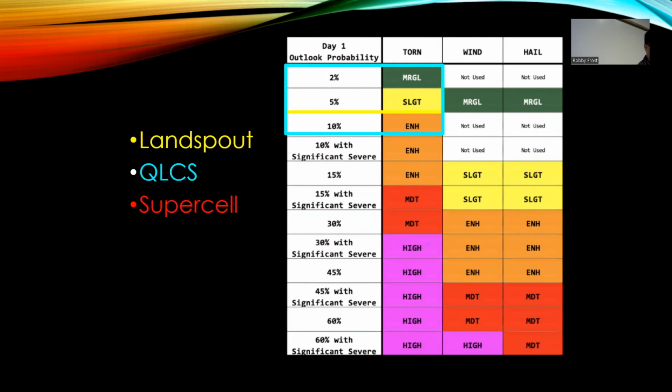The QLCS stuff, typically you won't see higher than an enhanced for that kind of thing. That would be the more typical high shear, low CAPE, or modest shear, moderate CAPE, warm season cases. Supercells, the entire spectrum. I mean, we haven't done a whole lot of 60% sig tornado outlooks. We could have, but people shy away from the top of the scale.